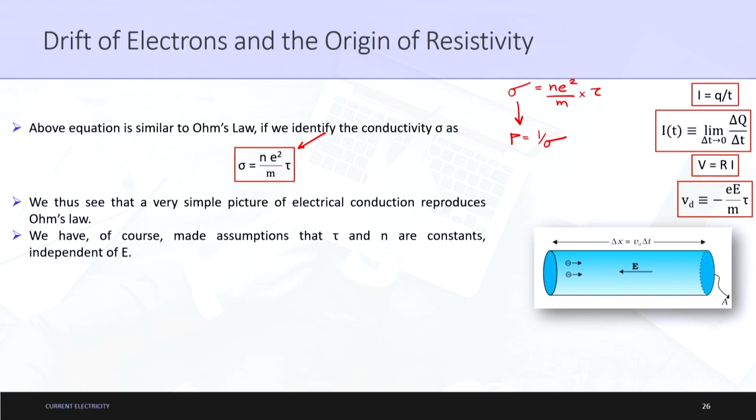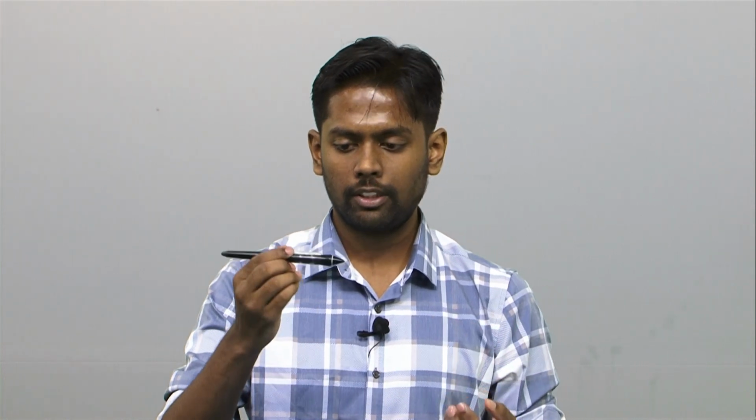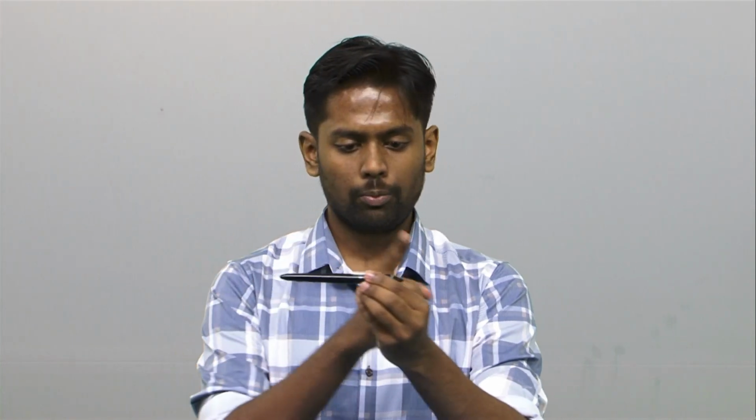Using that value of Vd and the previous sums of I Δt, the amount of charge passing through a conductor in some time Δt, from a point A to a point B in an electric field, we can use equation 1 with equation 2 and calculate the conductivity as n e² τ / m. So, a complete circle has been made and the origin of resistivity has been finalized.